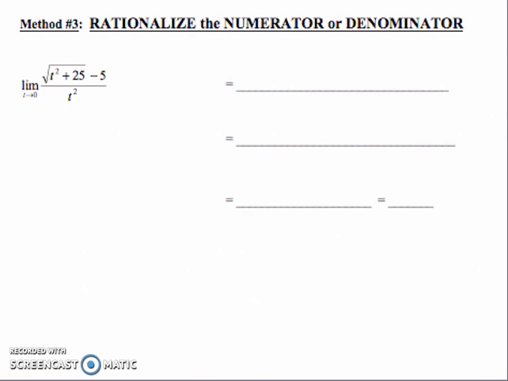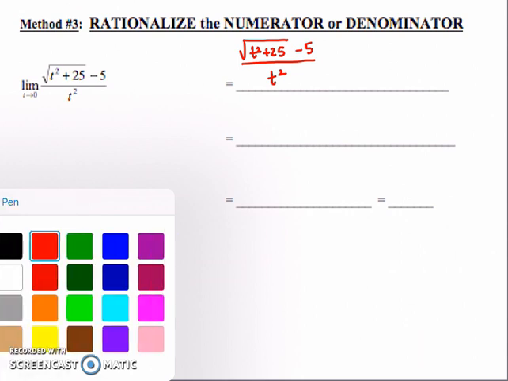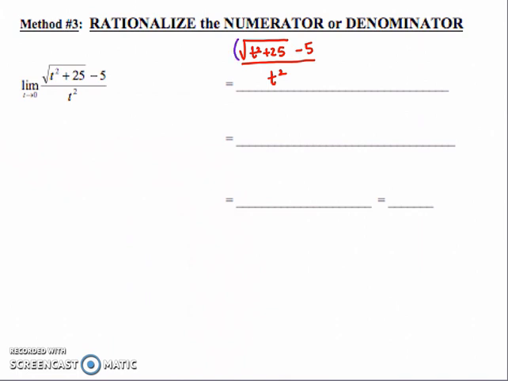And yes, this is going to get a little bit messy. So let's start with our original function here. We've got the square root of t squared plus 25 minus 5 over t squared. If we want to rationalize our numerator, basically we're looking to multiply by the complex conjugate of the numerator. So the numerator is the square root of t squared plus 25 minus 5.